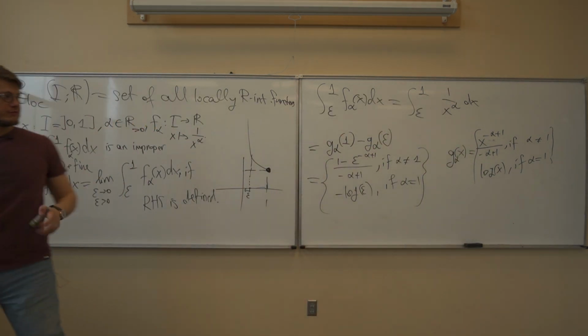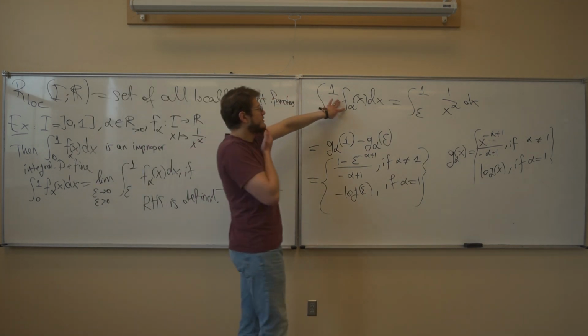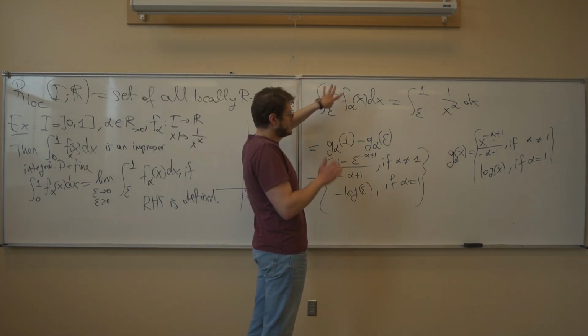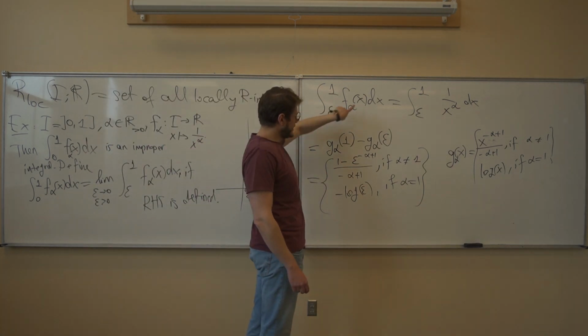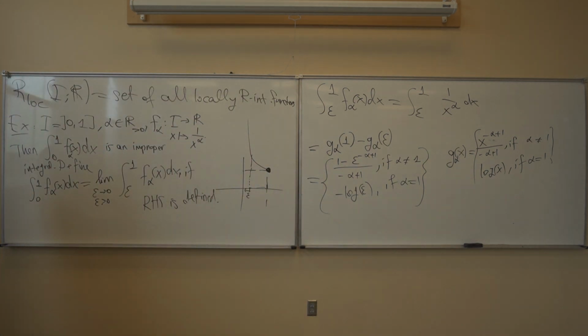Okay, so we were able to compute this integral. This is a definite, proper Riemann integral. Depending on epsilon and alpha, I have the values. Any questions about this?